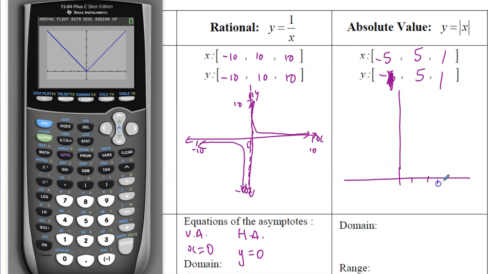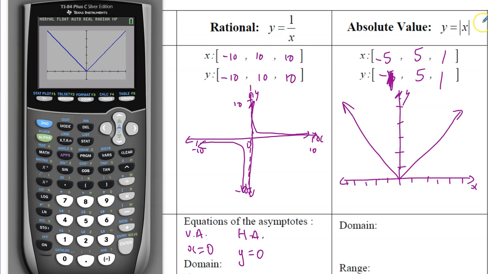So 1, 2, 3, 4, 5. That's my x's. 1, 2, 3, 4. And there we go, absolutely.